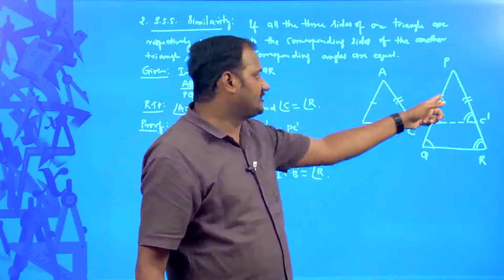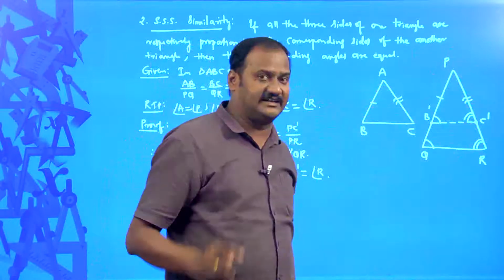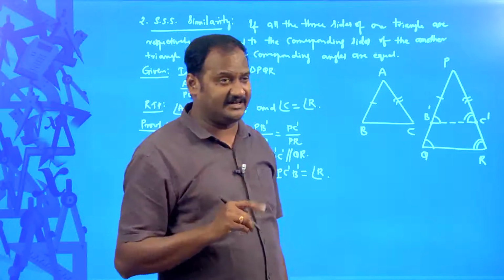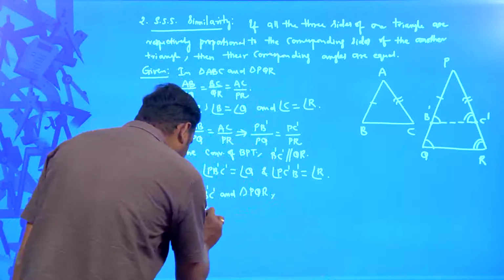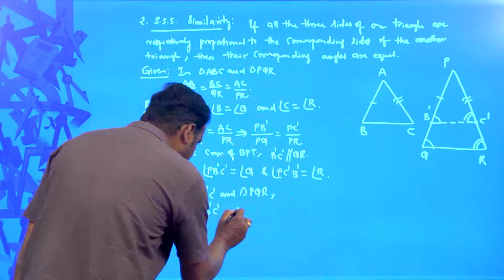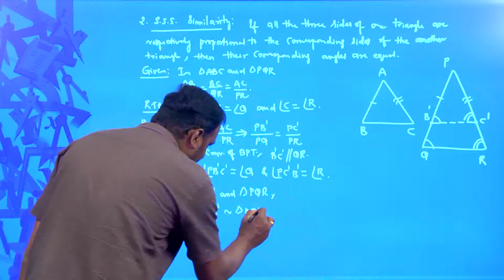Can we say that these two triangles, the small triangle and this entire triangle, are similar by AAA similarity? Yes. Triangle PB'C' is similar to triangle PQR by AAA similarity.